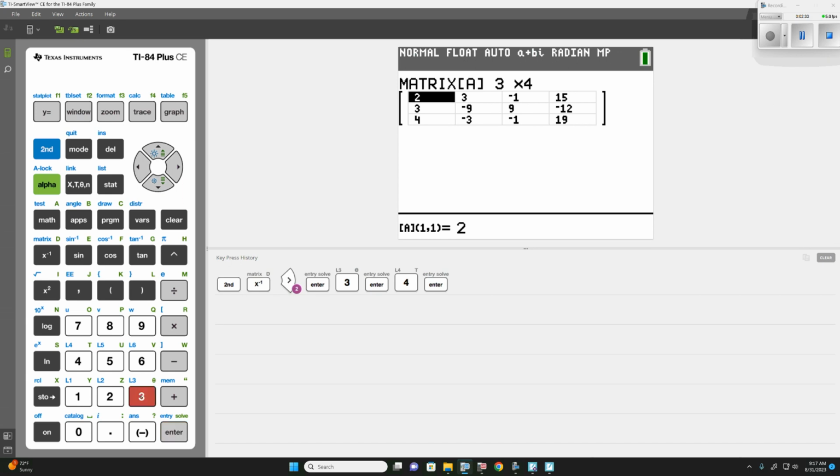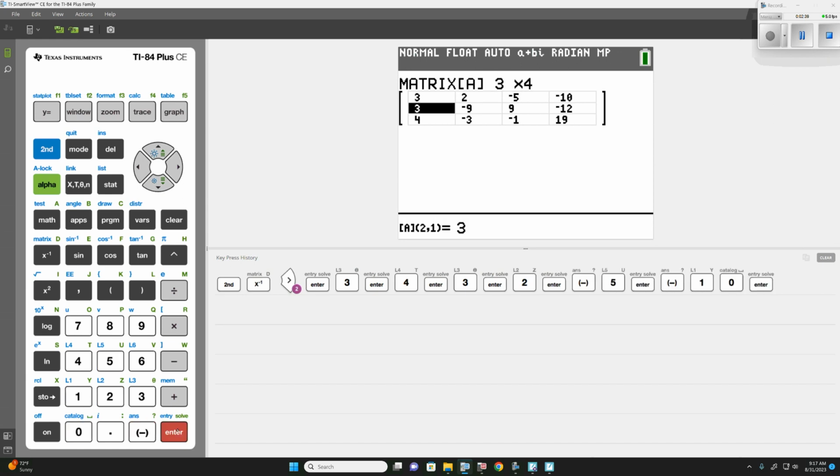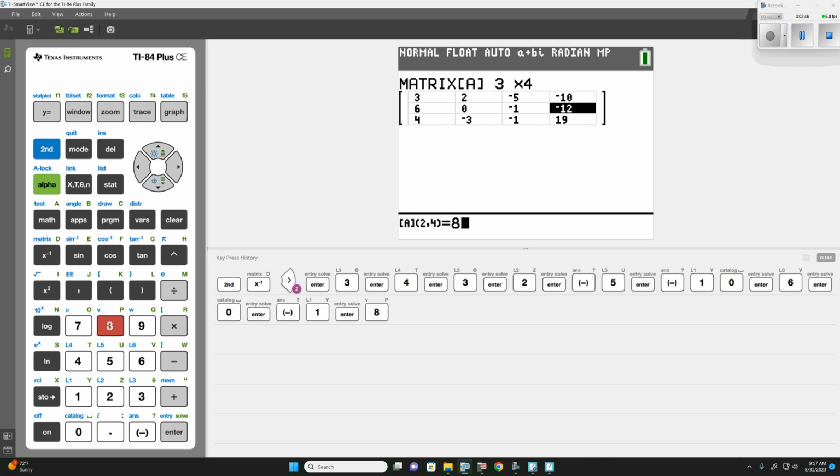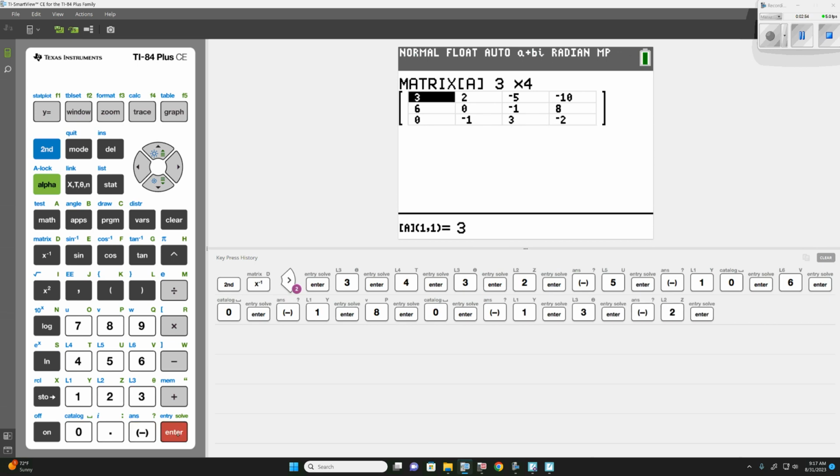And going across the top for the first row is going to be 3, 2, -5, -10. Our next row is going to be 6, 0, -1, 8, and lastly 0, -1, 3, -2.